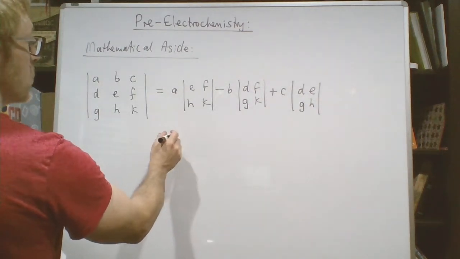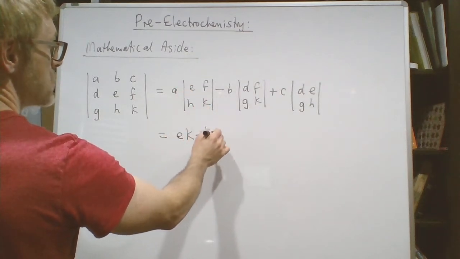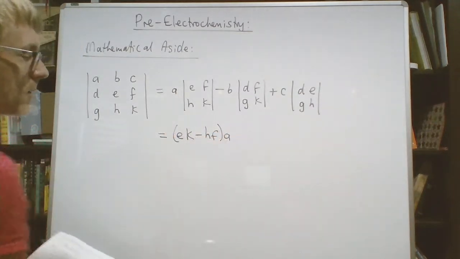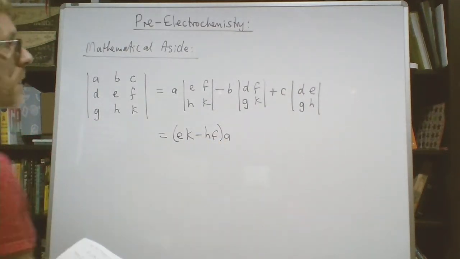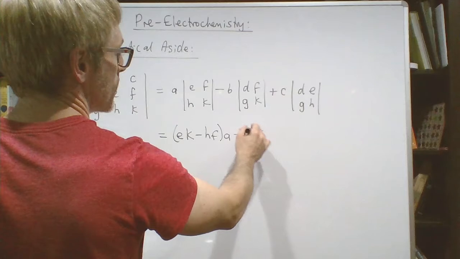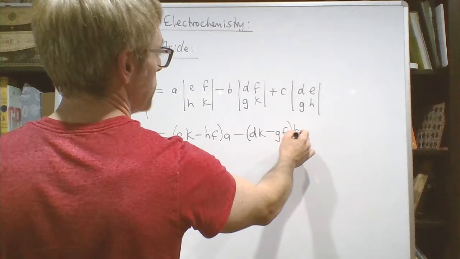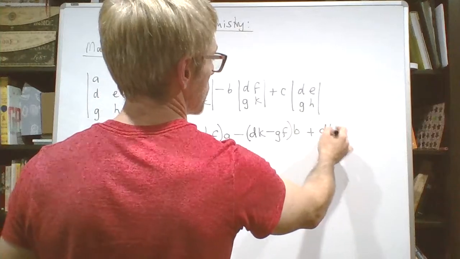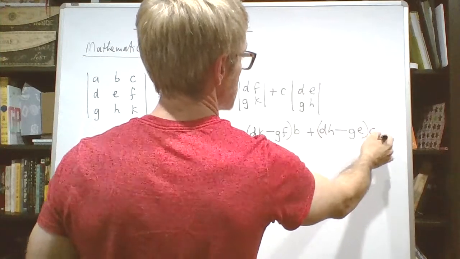So this is going to equal, again looking at the diagonals, EK minus HF, and we scale that whole thing by A. It doesn't matter if you put the A here or here. Minus, then we've got DK minus GF, and scale the whole thing by B. And then we add DH minus GE, and scale the whole thing by C.